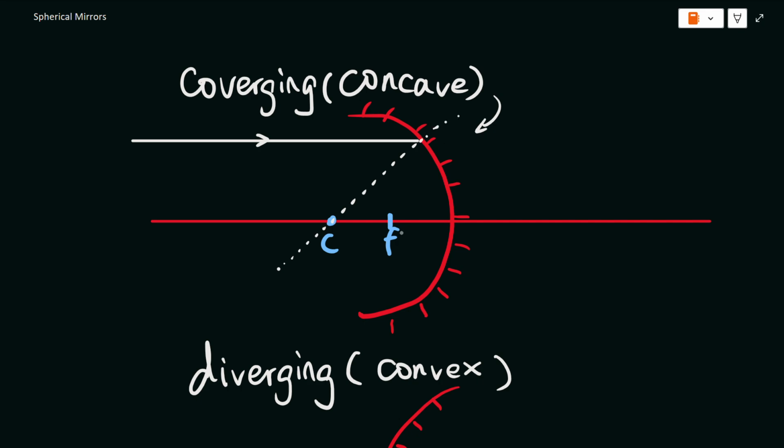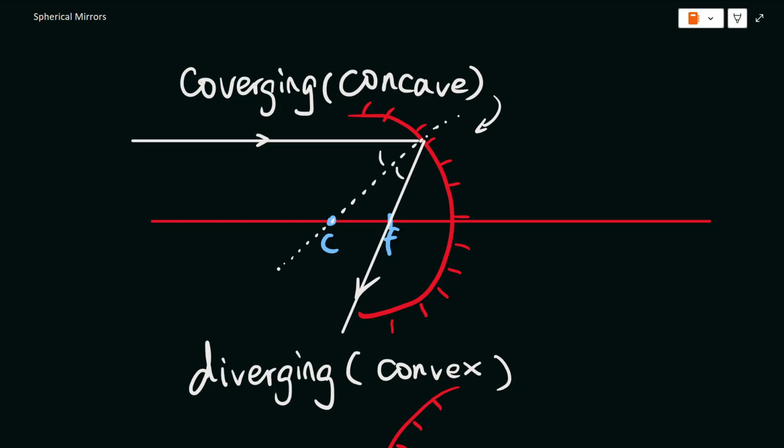This would be the normal line, and the reflected ray will go through the focal point, like this. And these two angles will be the same because of the law of reflection.